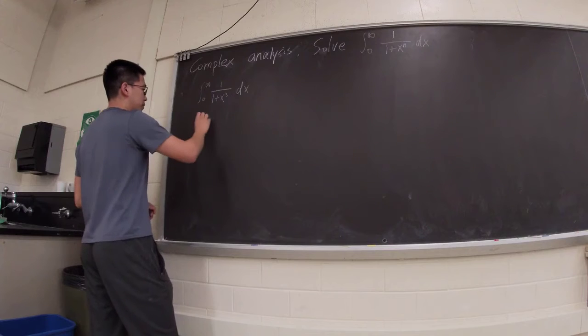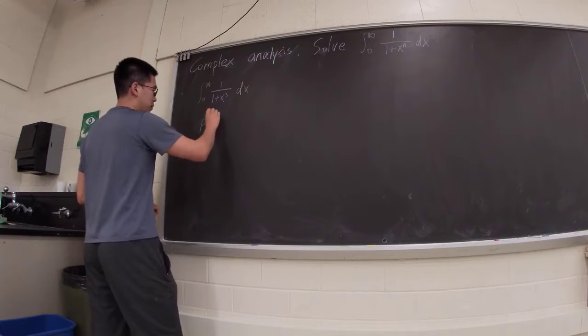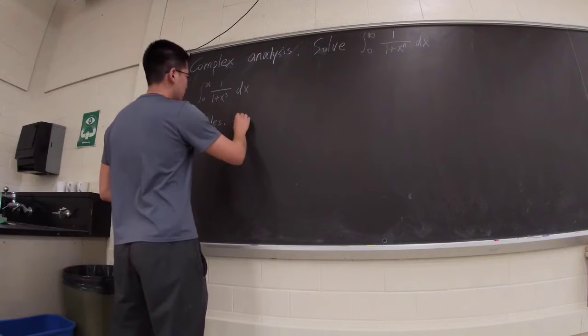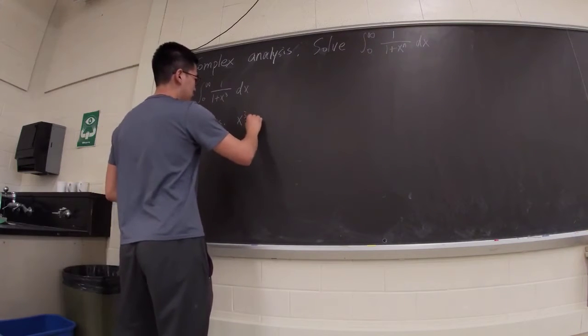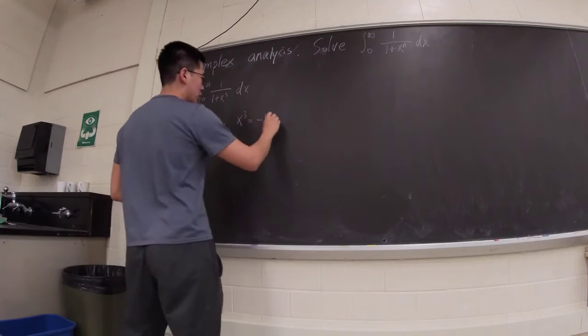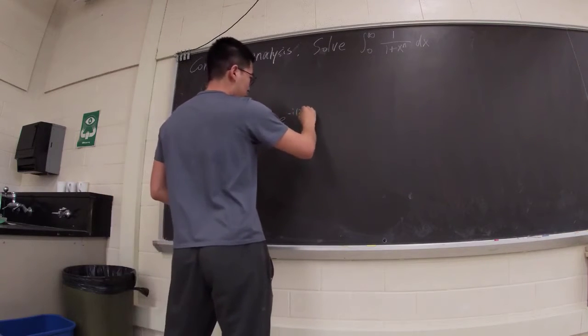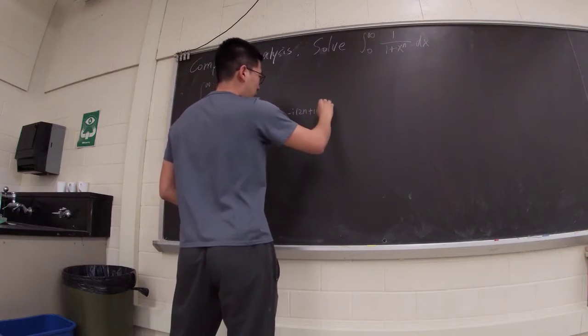The poles are at x cubed equals negative 1, or equal to e to the negative i (2n plus 1) pi.